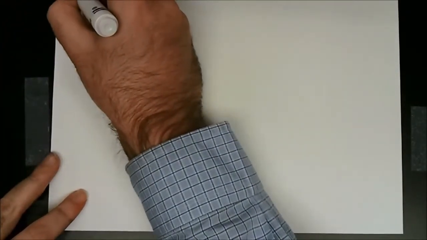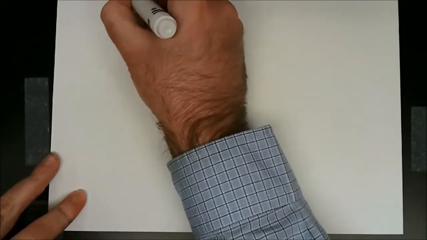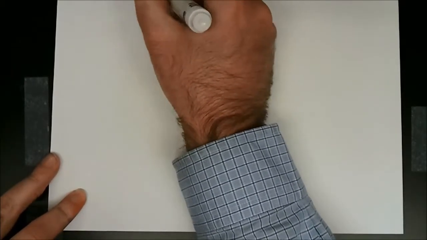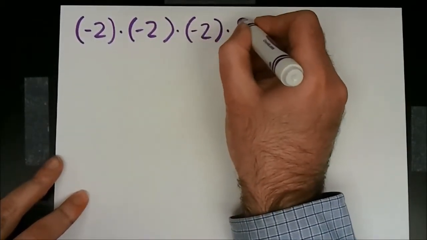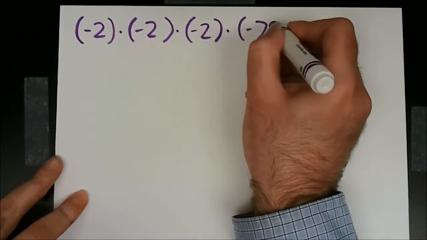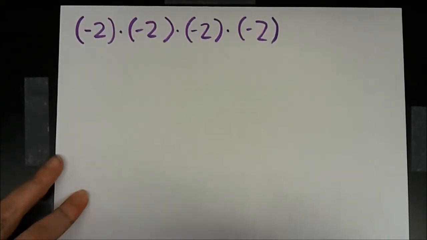Let's say I have -2 times -2 times -2 times -2. And I asked you to put that into exponential form, because I can do that.